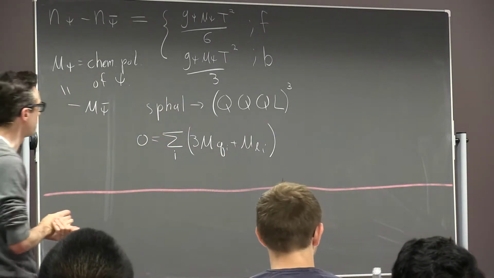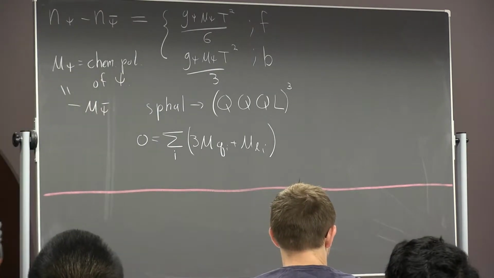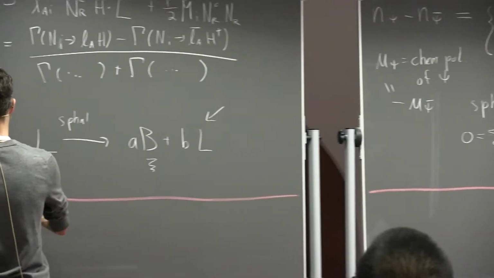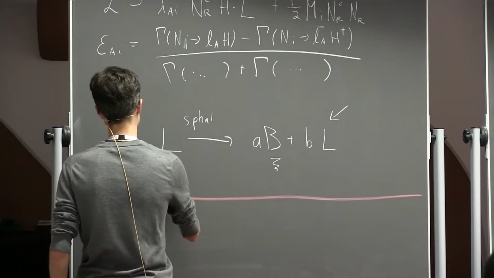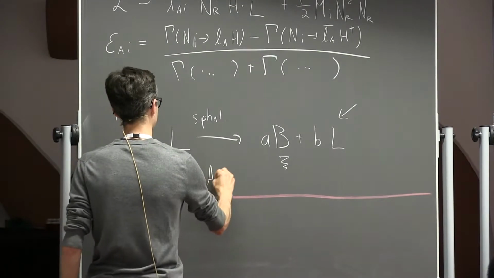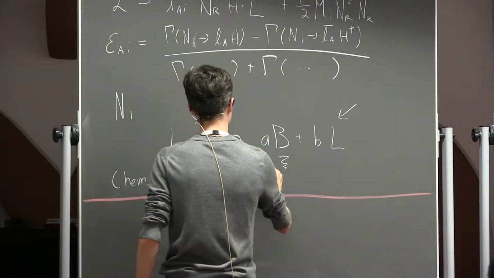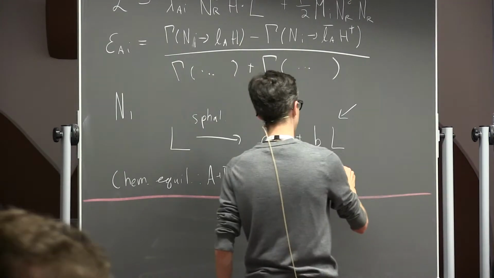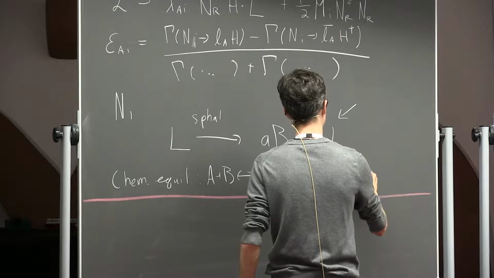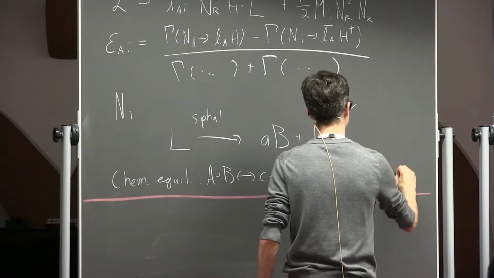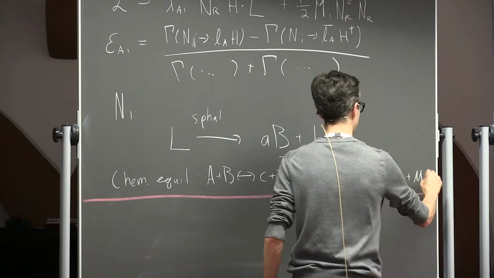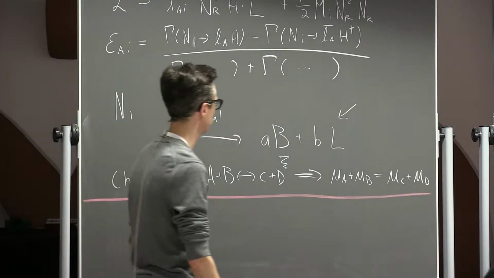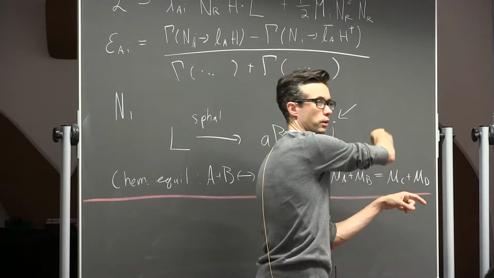So if you recall, chemical equilibrium: if I have a process A plus B goes to C plus D, and the rate for this process is fast compared to the Hubble rate, this implies that the chemical potentials I would write down for the individual states satisfy this constraint: the sum of the initial and final state chemical potentials are equal, and then I can move these around for cross processes and so on and so forth.